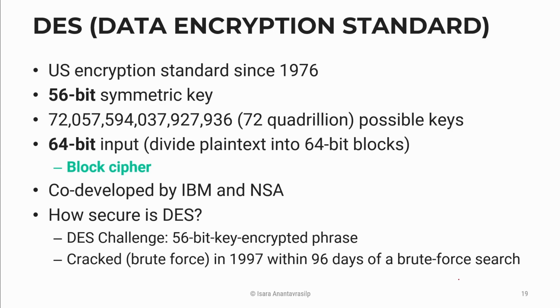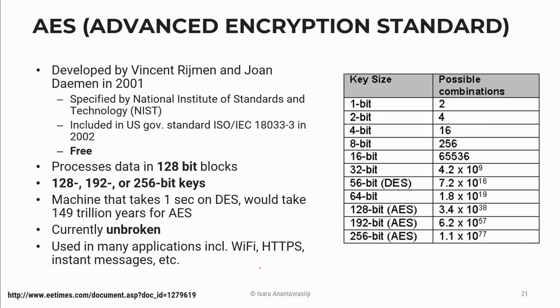In 1977, it took 96 days to brute force search the correct key. What it means is that 56-bit is not that strong, even though you were using the power of computers 20 years ago.